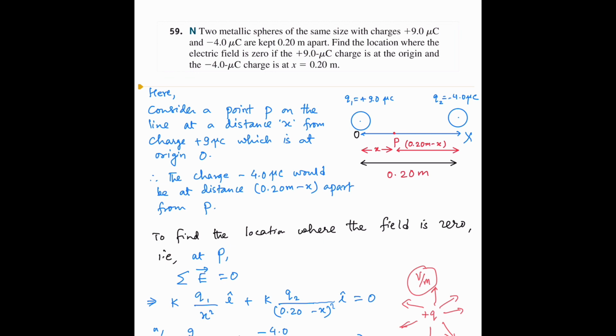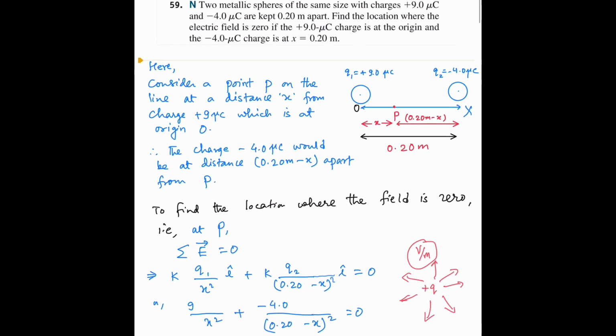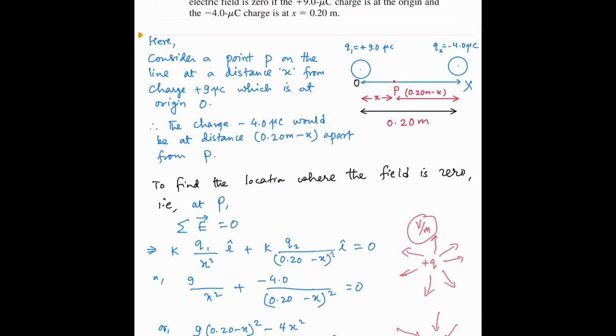We have to find the location where the electric field is 0 if the 9 microcoulomb charge is placed at the origin. Okay, so we can consider that the point P somewhere here at this location where the electric field is 0.